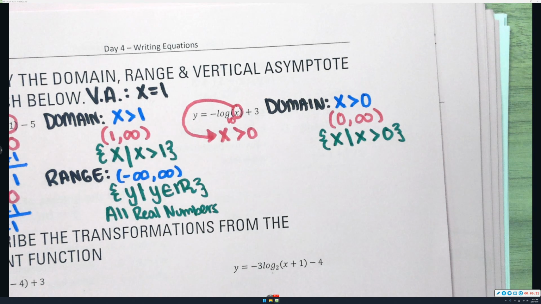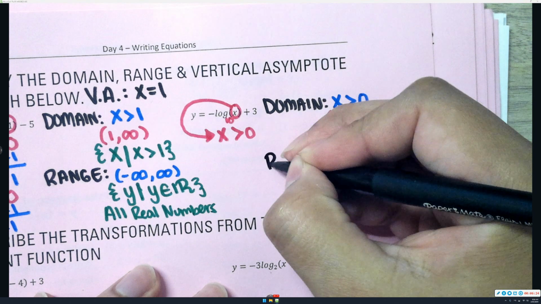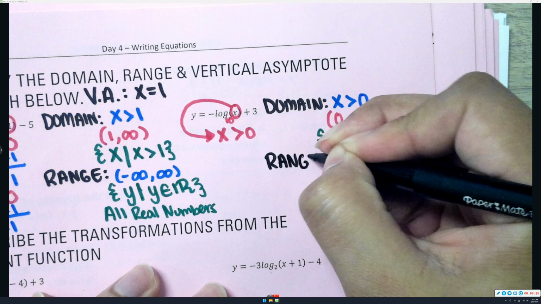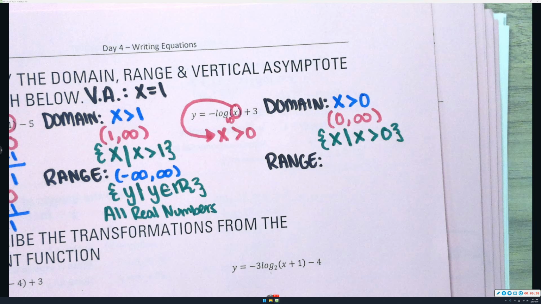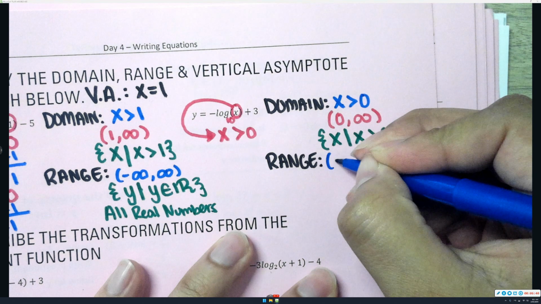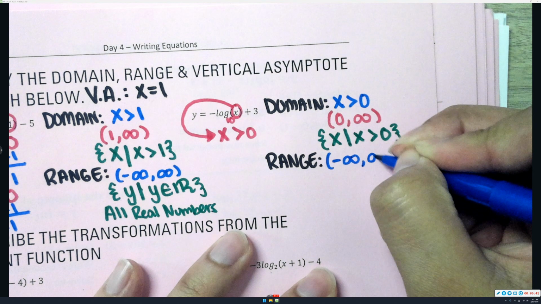Then we have our range. Let's go ahead and write that down. We have our range. And keep in mind that the range of all logarithms is going to be from negative infinity to positive infinity. So let's write that down. So we're going to begin with the interval notation, which is given to us by negative infinity to positive infinity.